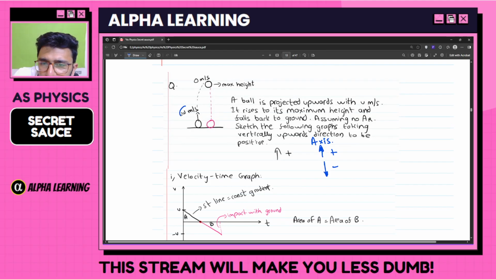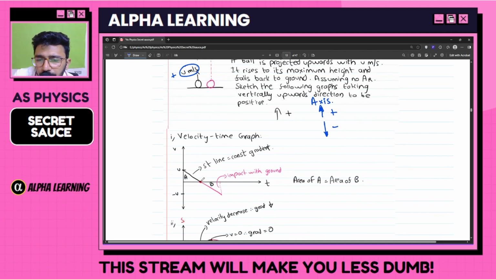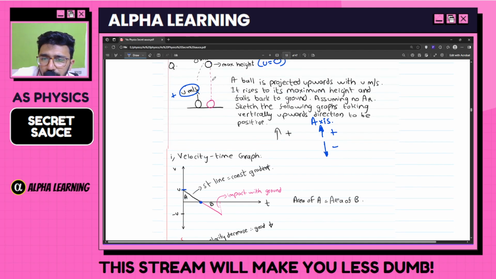Initial velocity of u pointing upward will be positive u. Always remember, the vertical velocity at maximum height becomes 0. So you start from a velocity of positive u. At the maximum height, your velocity is 0, and once your ball touches the ground again, you will have a downward velocity of u again.